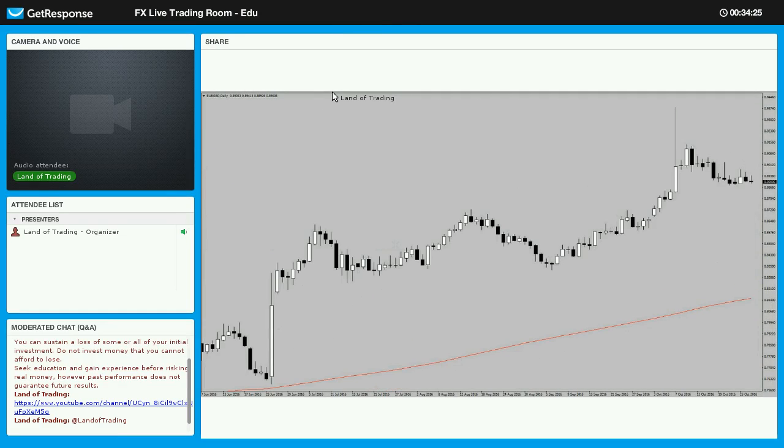let's have a look at what's going on in Euro Pound. That's the daily chart, and also this supply here.